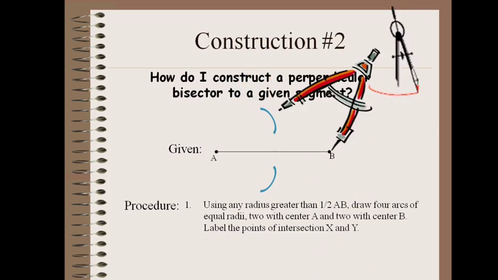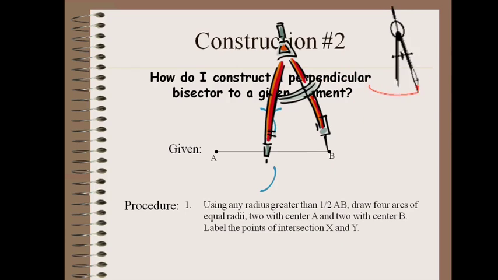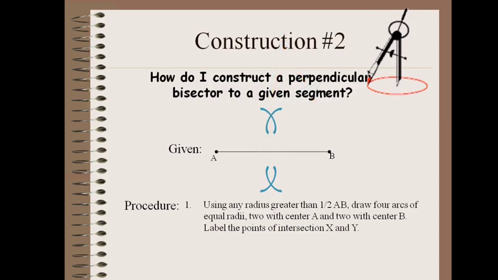Then you will interchange your position, keep your pointer at B, inscribe two more arcs on either side of segment AB in such a way that these two arcs should intersect the previous arc which made from point A.